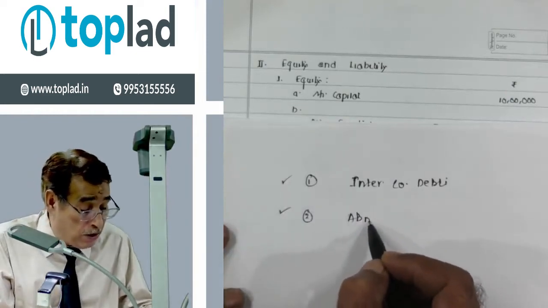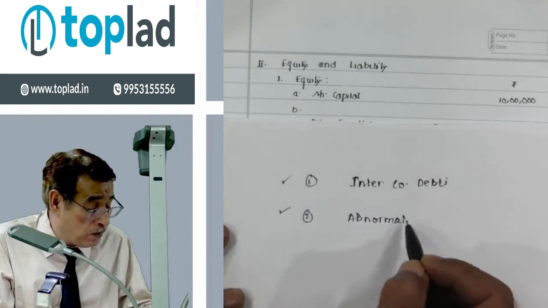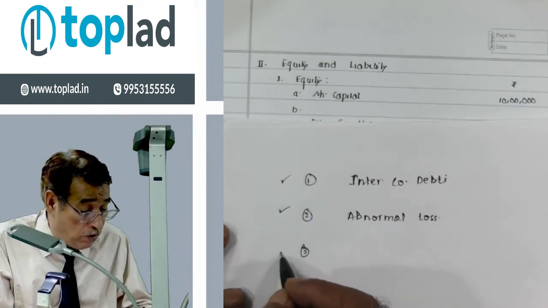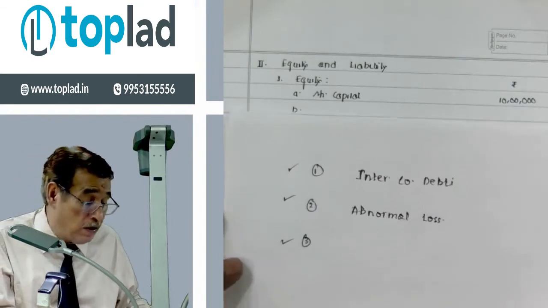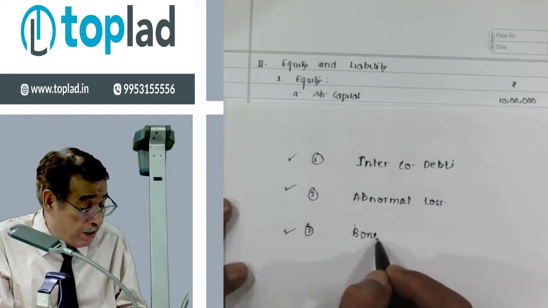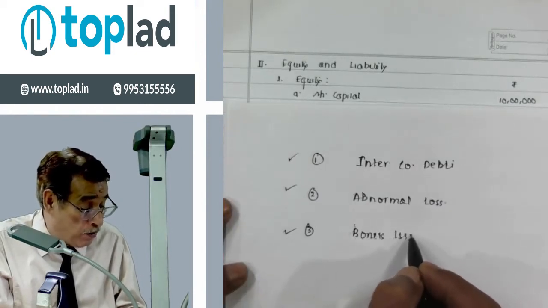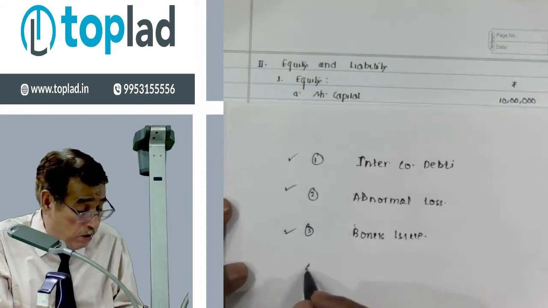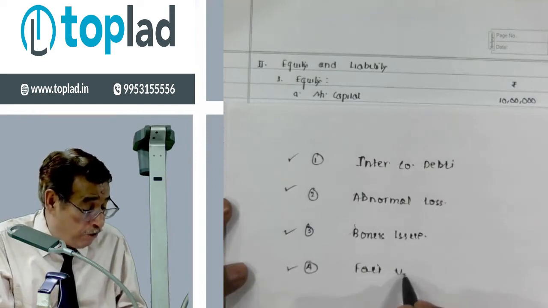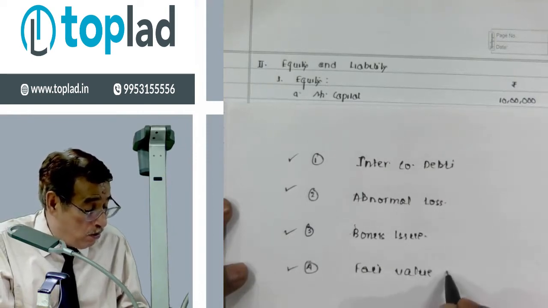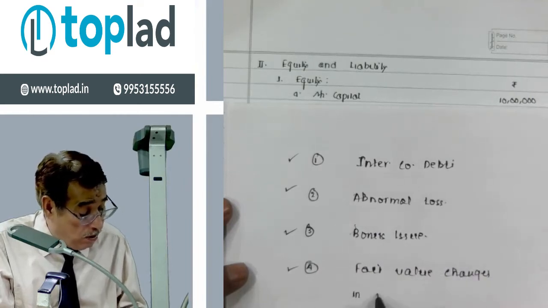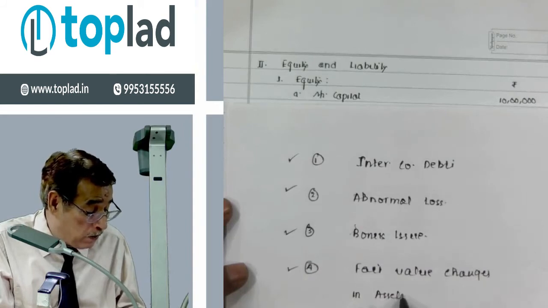Similarly, in the upcoming sessions, we shall talk about abnormal losses, and how abnormal losses will affect the analysis of profits. Similarly, sometimes it may be given to us that the subsidiary company has declared a bonus issue, so the treatment of the bonus issue. Then the treatment of fair value changes in assets or liabilities.